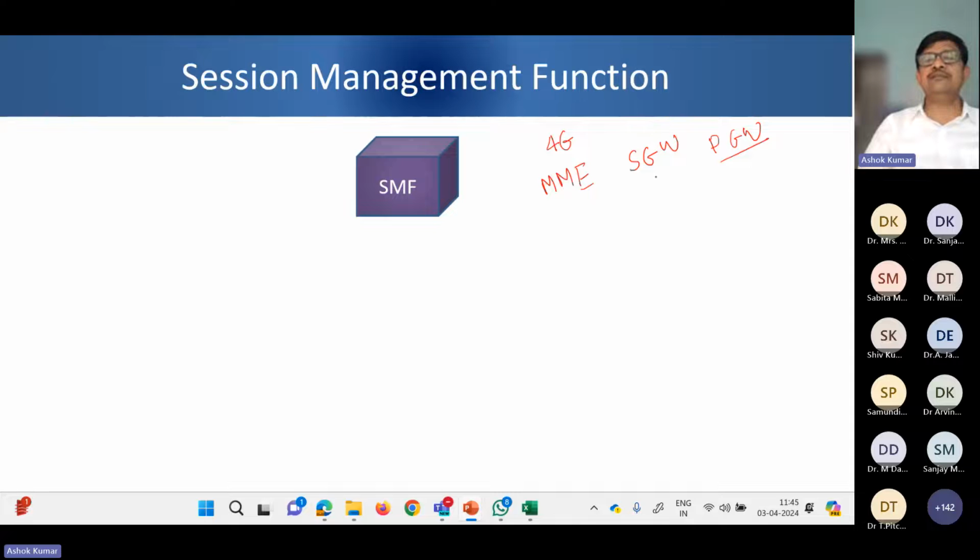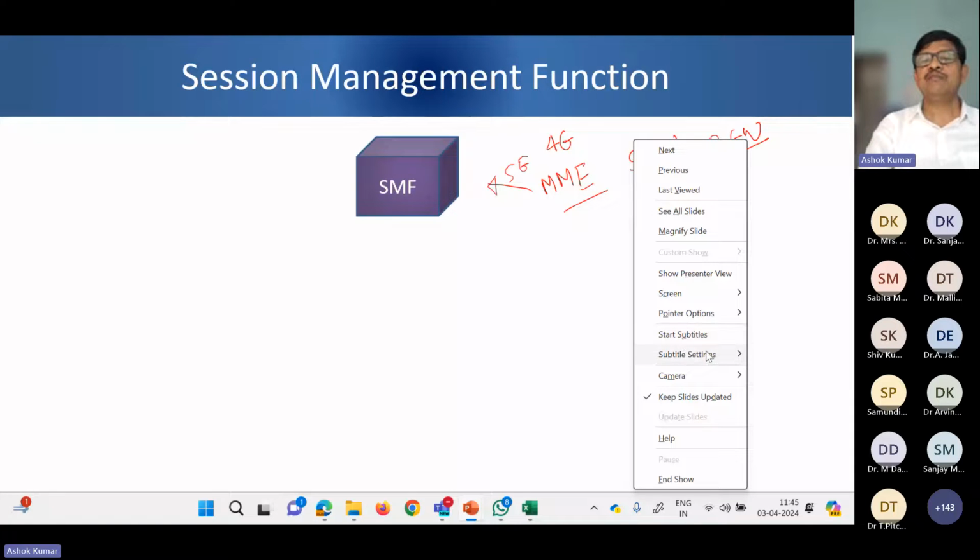So basically the functions of these three entities have been taken over by the SMF in 5G from 4G, just for comparison purposes, so that those who know about LTE or 4G can correlate.